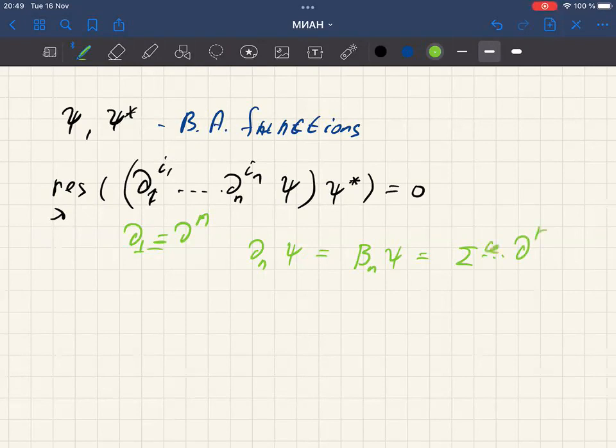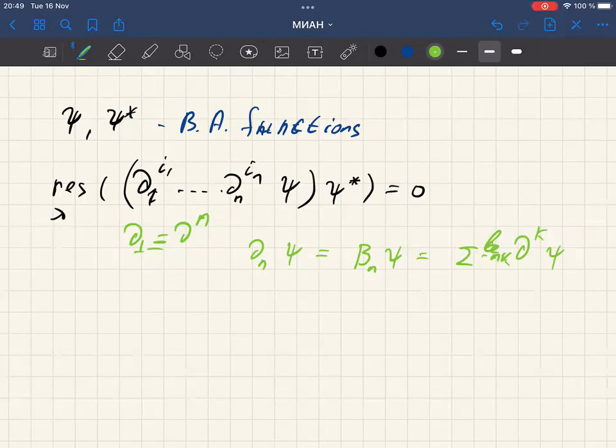b nk dk psi. So if we had a multi-index containing some index which is not 1, like d2 or d3, we could obtain it from this.